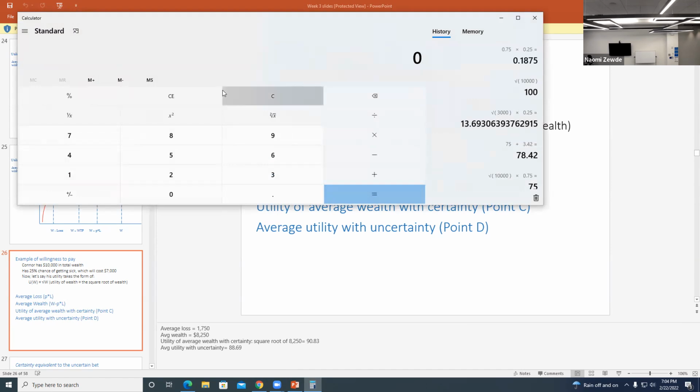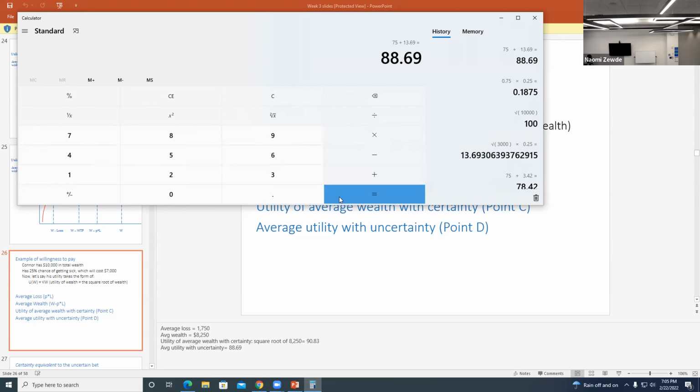The square root of 10,000 is 100. 100 times 0.75 is 75. So 75 plus 13.69 is 88.69.